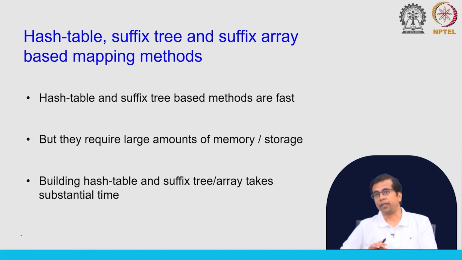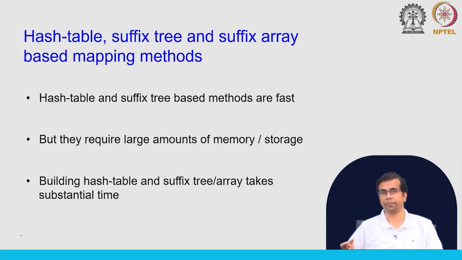The other disadvantage is that building these data structures takes quite a bit of time. To build the hash table, you have to extract those seeds, represent them as keys and also store the values, and all that takes time. Similarly, building the suffix tree structure also takes quite a bit of time.